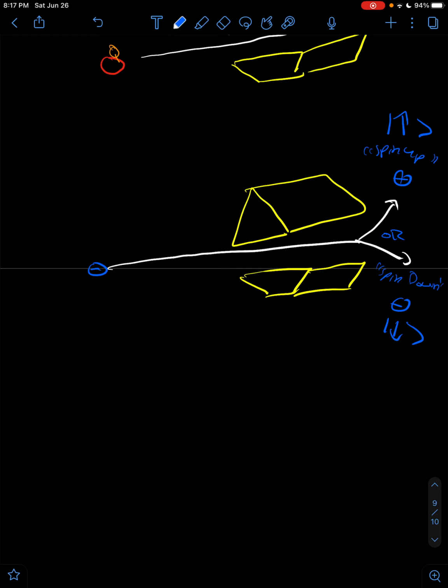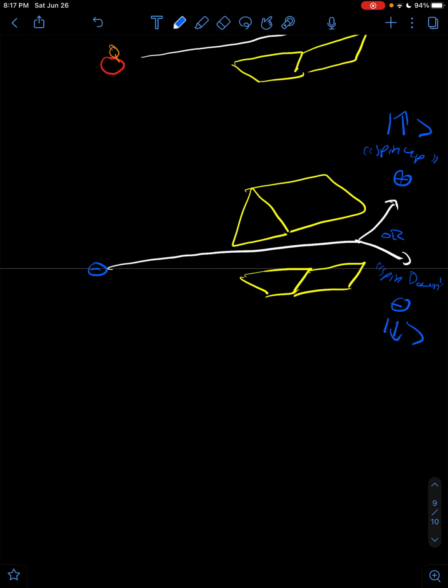Now, some people will try to say that the electron having spin up caused it to go up, or it being spin down caused it to go down. But that's technically using circular logic, right? Since spin up is just the label for it going up, and spin down is just the label for it going down.